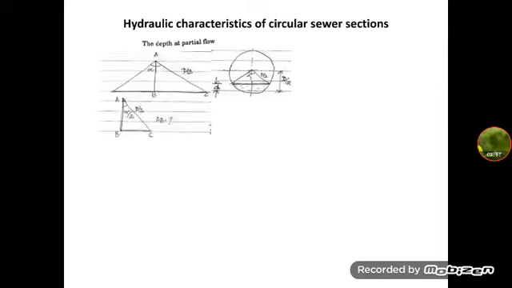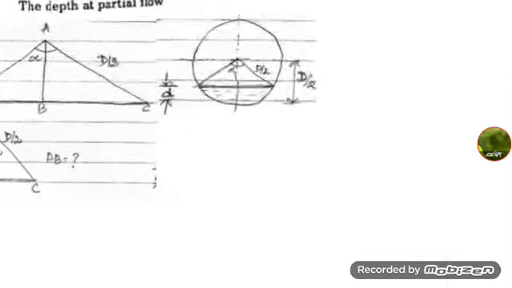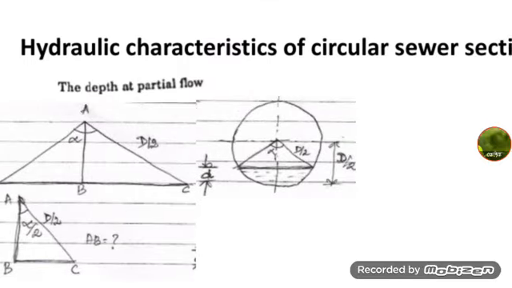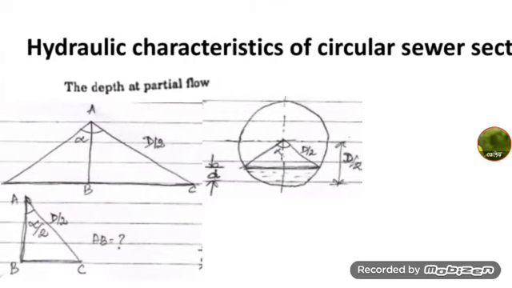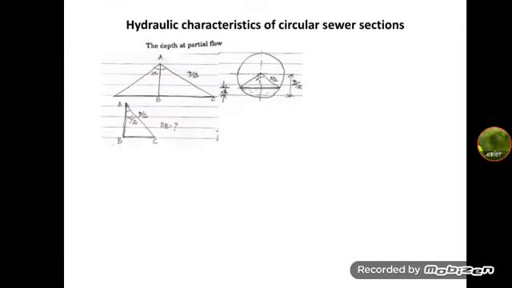Then if you mark the triangle as ABC, the angle is alpha by 2, and the hypotenuse is D by 2. We need AB, because the depth of water in the sewer, small d, is equal to the radius of the sewer minus the distance AB, that is the height of the triangle.